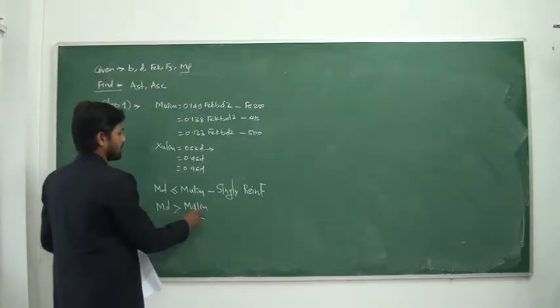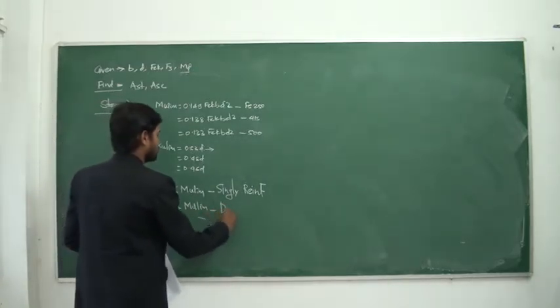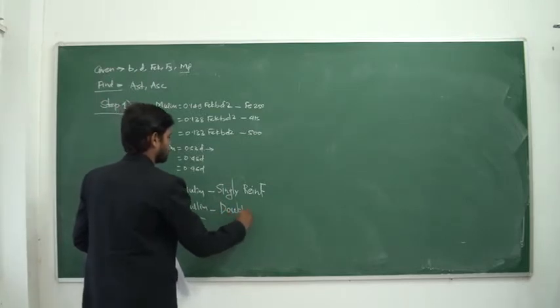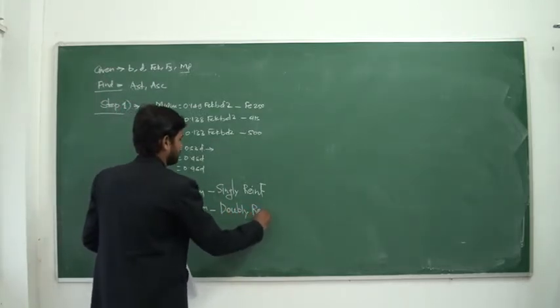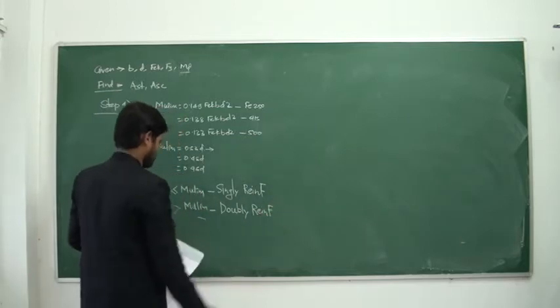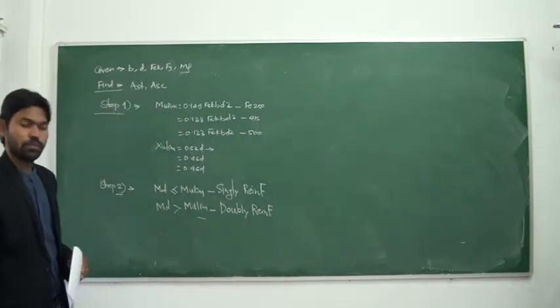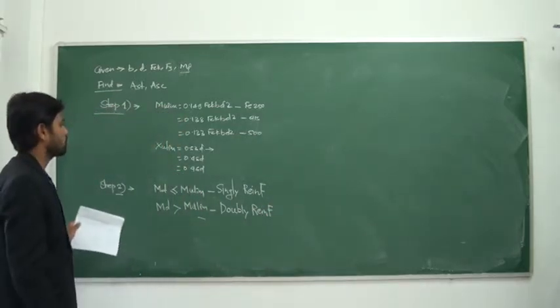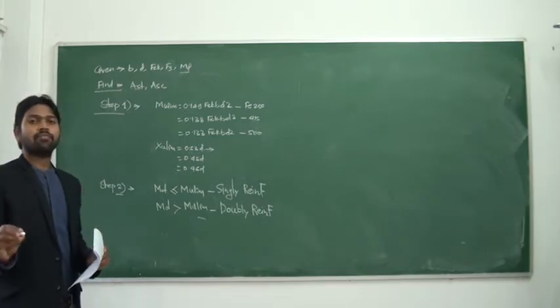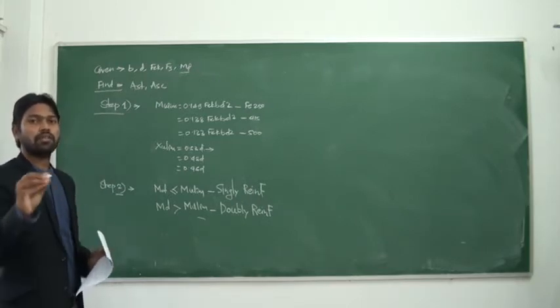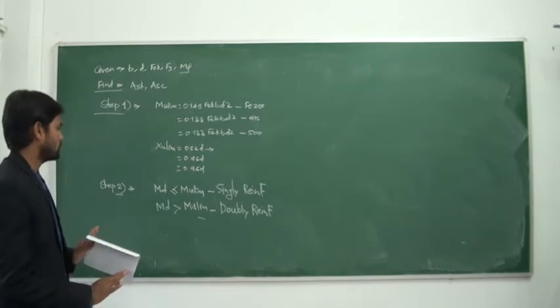If MD is greater than Mu limit, then it is a doubly reinforced section. So this is step number 2 to identify the type of beam.